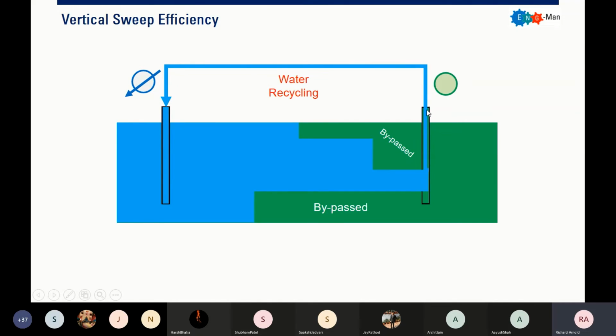And again, you will process your water and inject the water back into your injectors. Basically, you just recycle your water. And of course, there will be a lot of bypassed oil zones because of this inefficient operation. And that's what we don't want, of course.